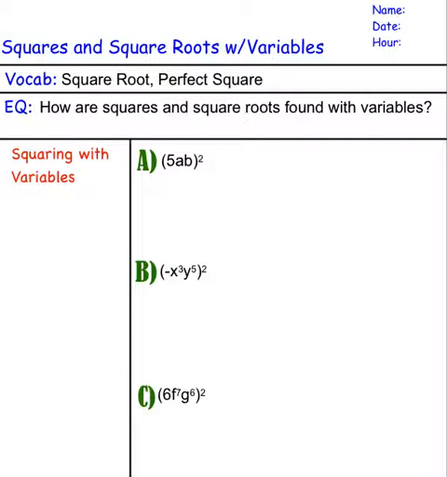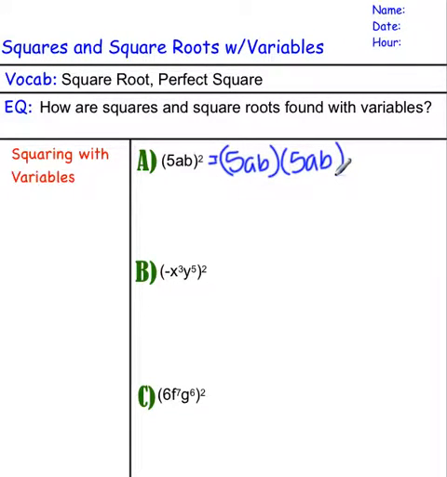5ab squared, which simply means that we're going to have 5ab times 5ab.